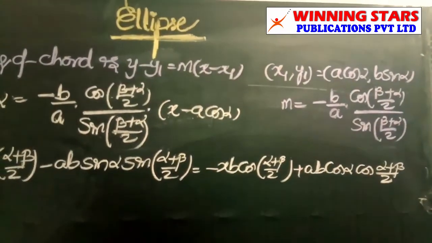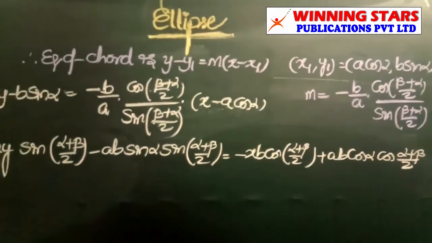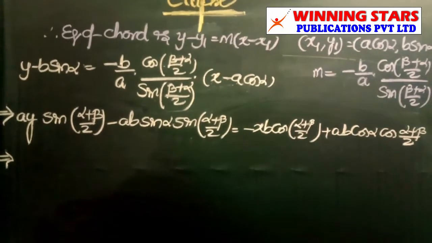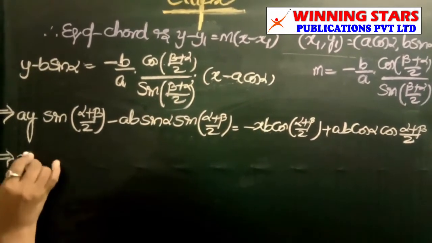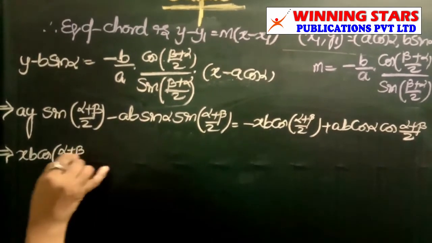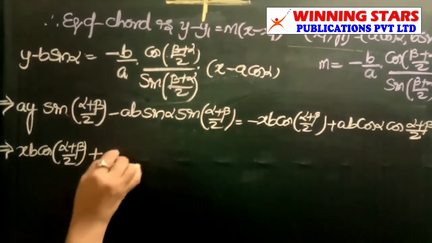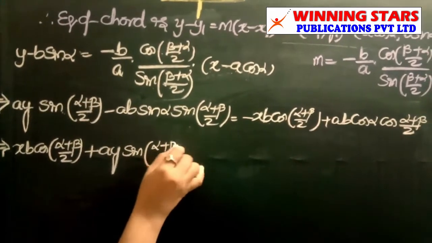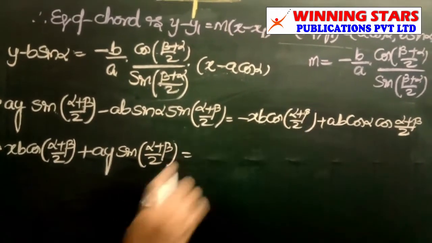Now first we are writing the x and y terms here, constant terms at the other side. That is, first we take the x term, xb cos((α+β)/2), plus, next writing the y term, which is ay sin((α+β)/2), is equal to, now writing the remaining two constants on the right hand side.